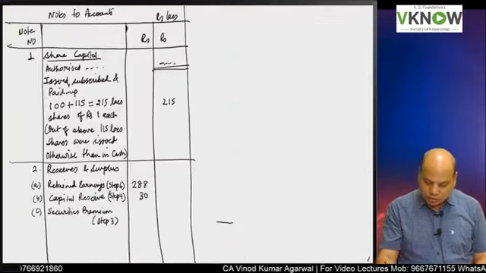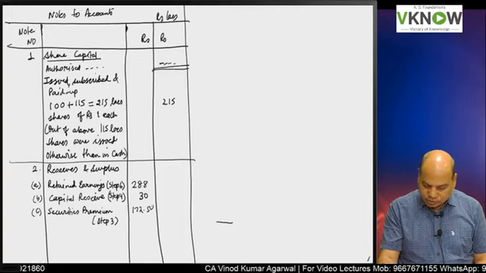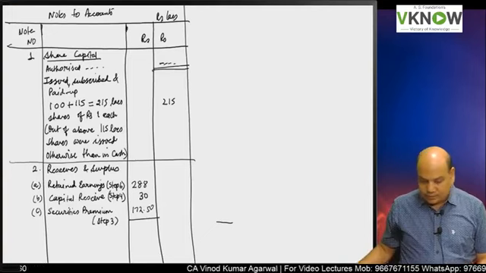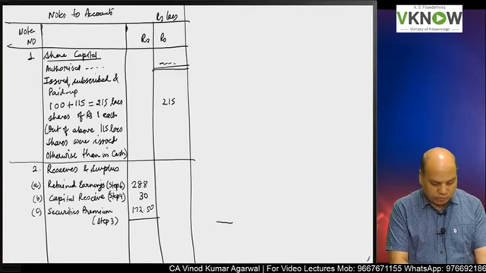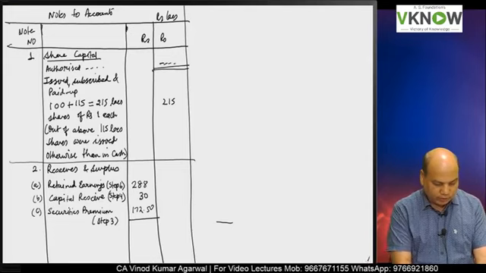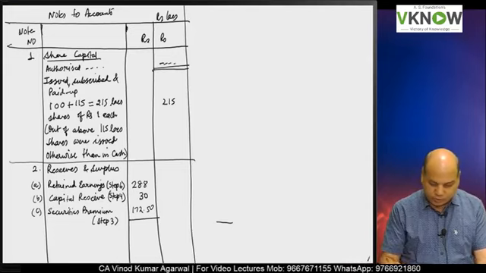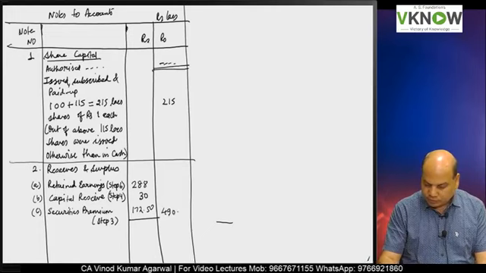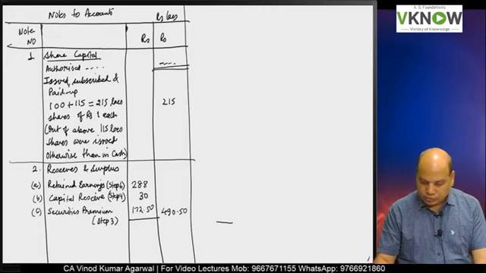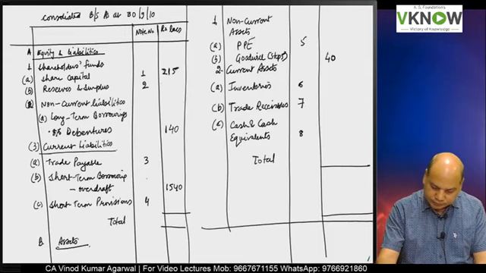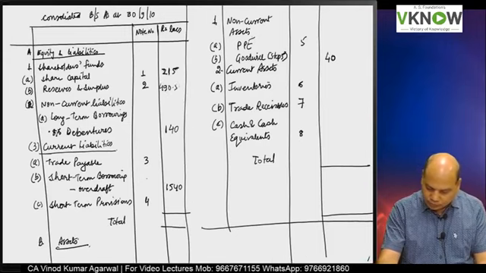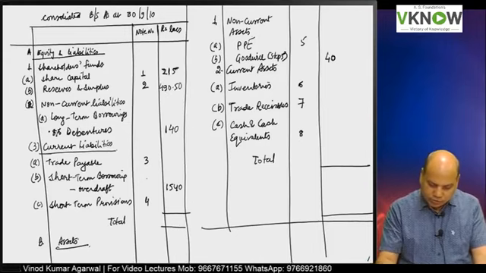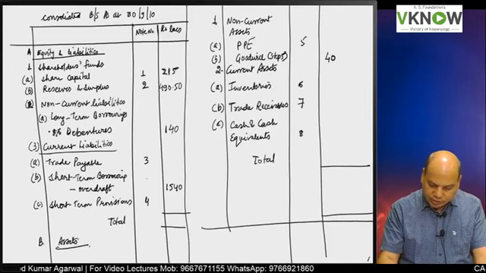So the student will write 172.50, and you have to take this total in the outer column. 288 plus 30 plus 172.5, that is 490.5. This 490.5 write on the main page. Then debenture I have written.